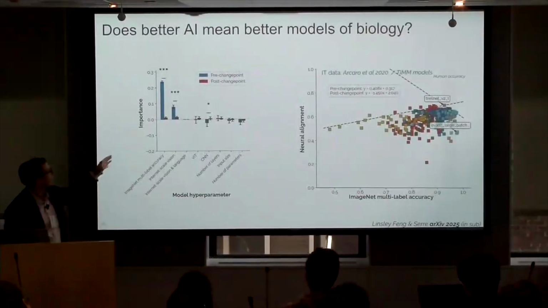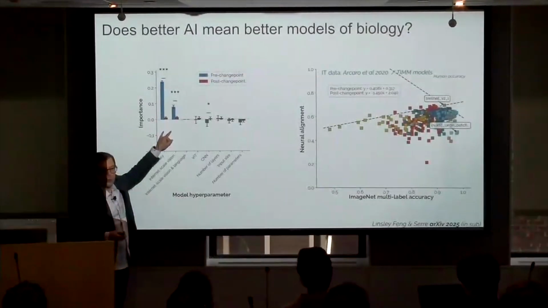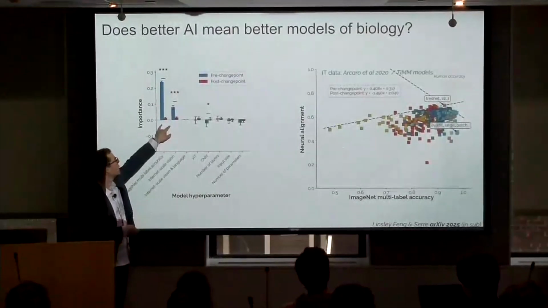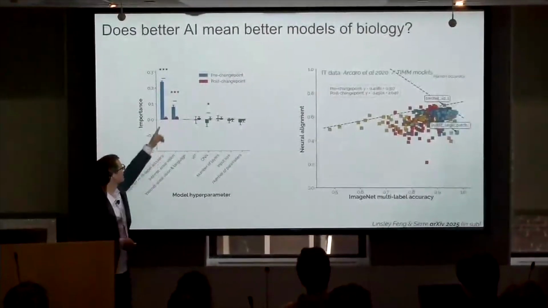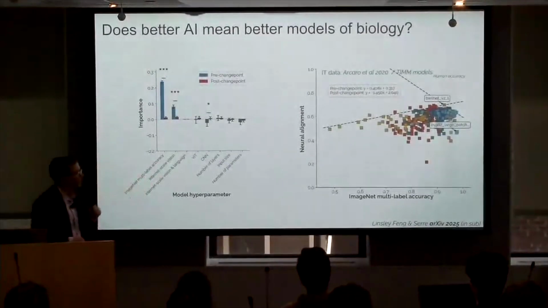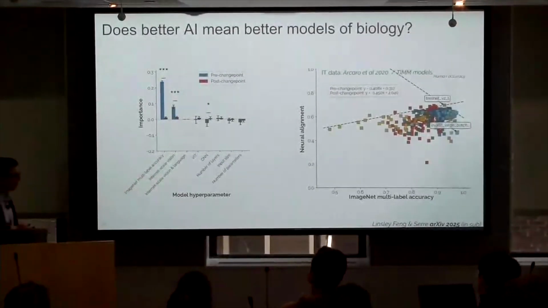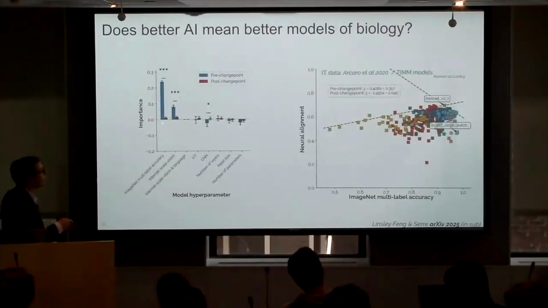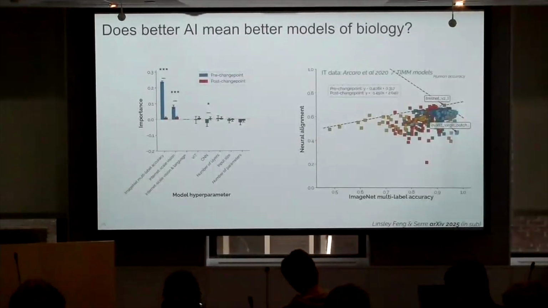Although a few factors predicted the goodness of fit before the change point, at least accuracy on ImageNet and the size of the training dataset, we see that post-change point, in red, all the factors are gone.